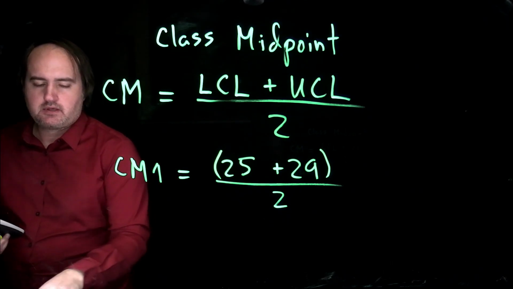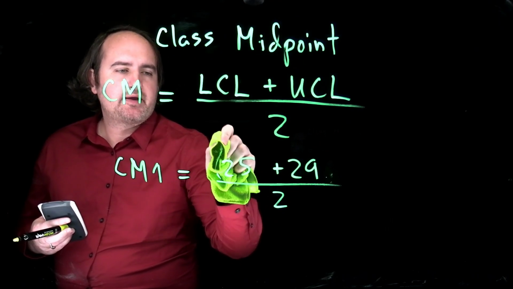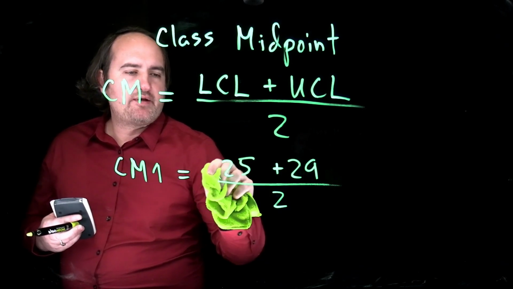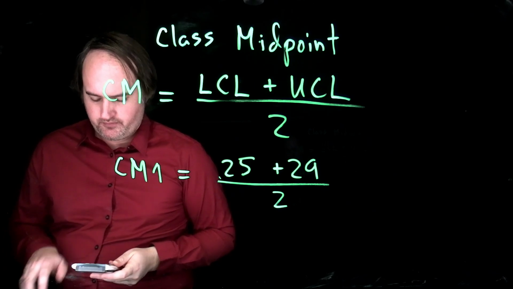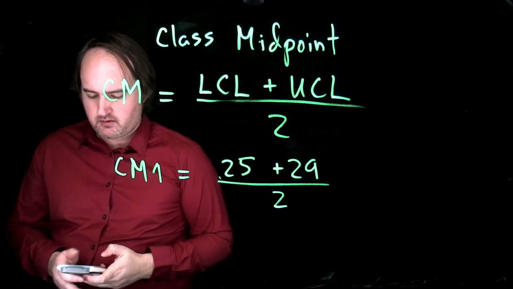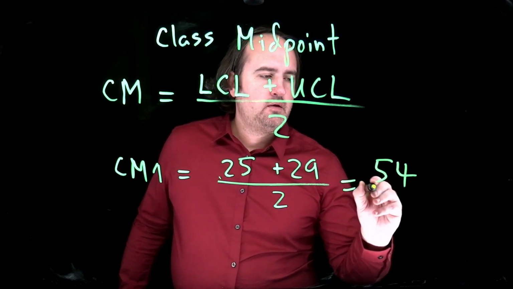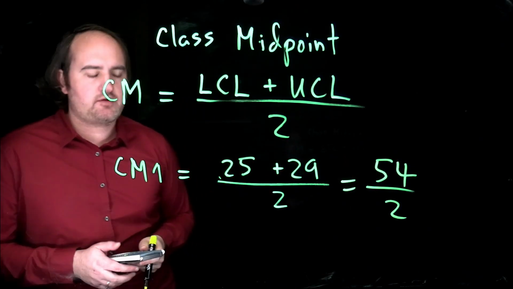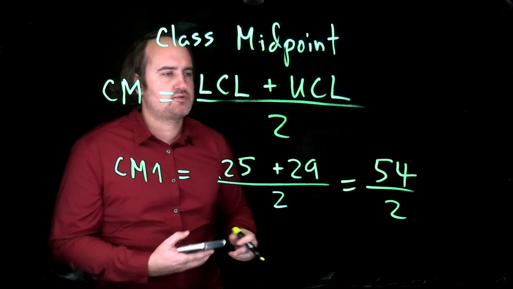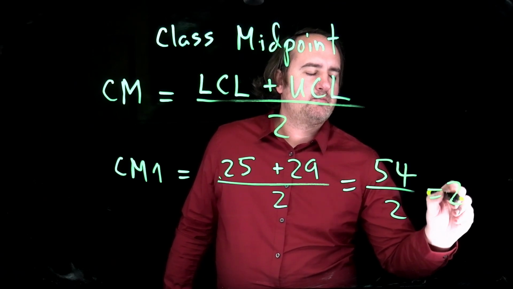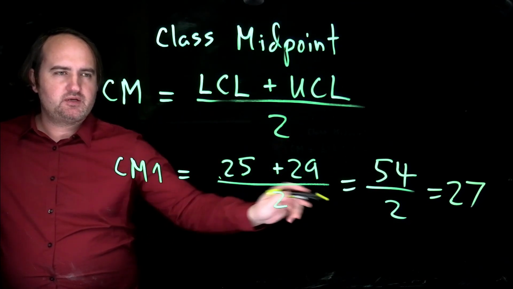Or if you want to just do it in 2 steps, like I said, if you don't have parentheses on your calculator, you'll just do 25 plus 29, either in your head or on your calculator, and that gives you 54. And then 54 divided by 2 is 27. So that means class midpoint number 1 is 27.